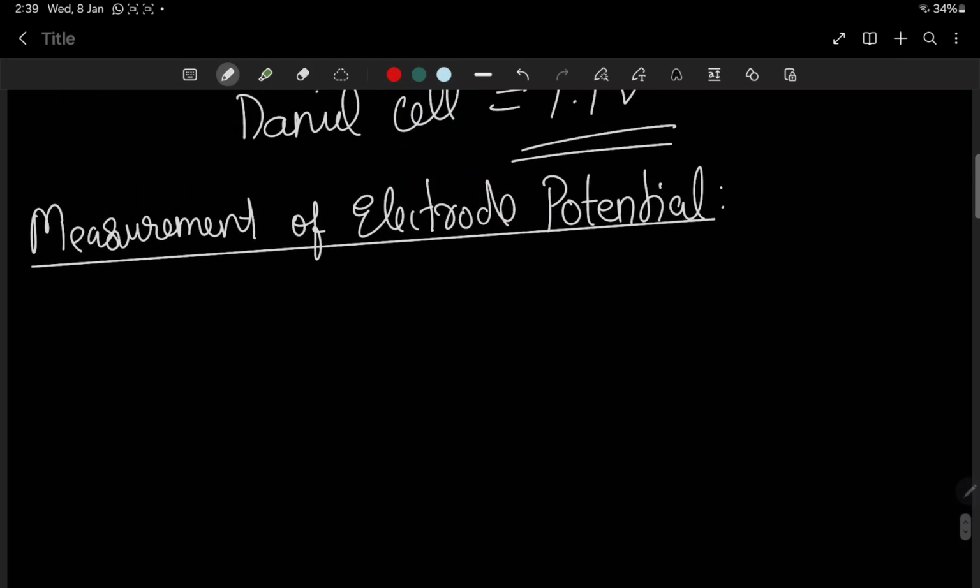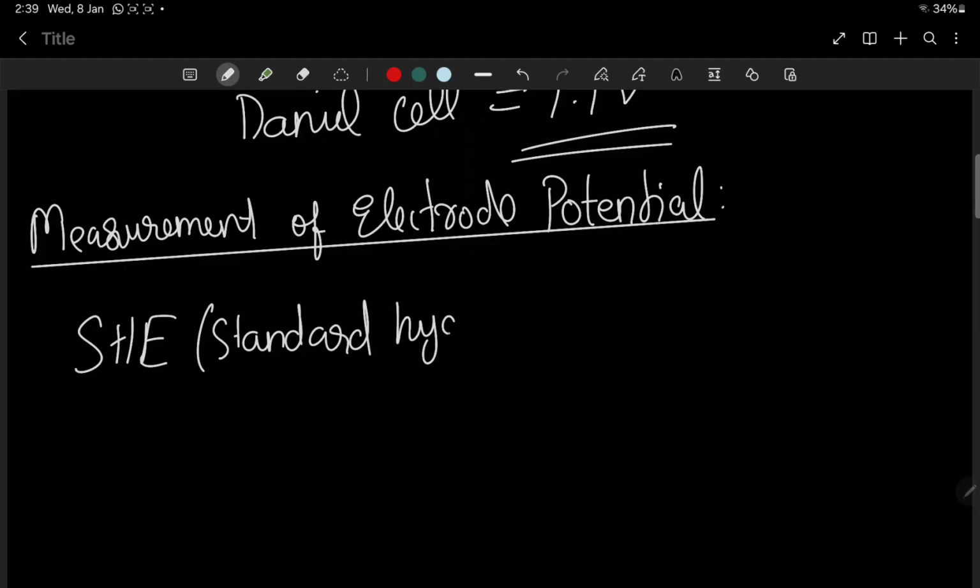How to do it? First of all, take the standard hydrogen electrode and keep it. So I am telling you about the standard hydrogen electrode.